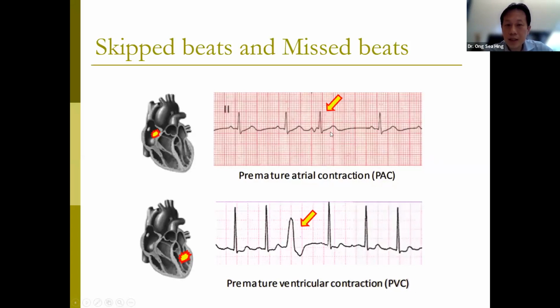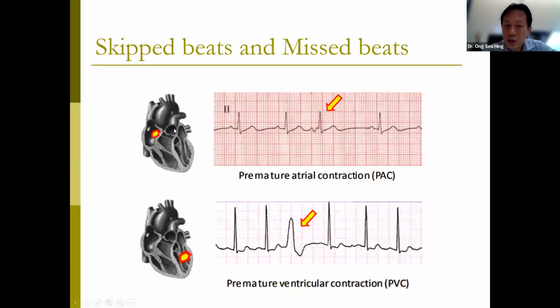So PACs basically mean extra electricity that comes from the top of the heart. That means the atrium, either the right atrium or the left atrium. It is difficult to tell whether it's the right or left atrium that is coming out with this electricity. Essentially, when you see a premature atrial contraction, the QRS complex remains the same because the QRS complex represents the conduction through the septum.